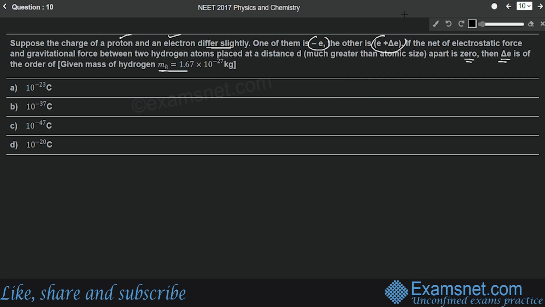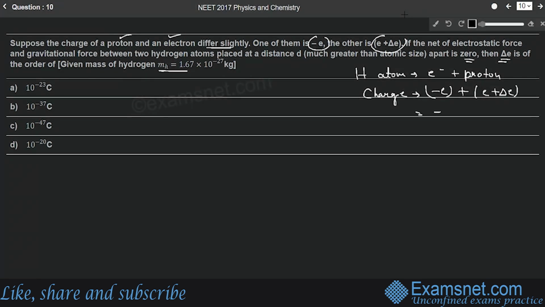Now, first of all, we know that a hydrogen atom consists of an electron and a proton. So the net charge on the hydrogen atom will be the charge on the electron plus the charge on the proton. It is given that one of them has charge minus e and the other has e plus delta e. Let's say the electron has charge minus e and the proton has charge e plus delta e.